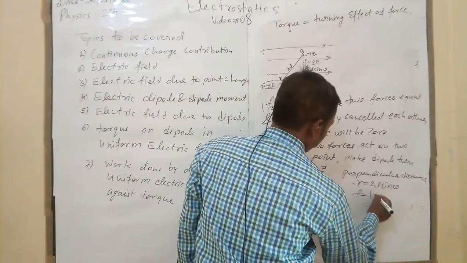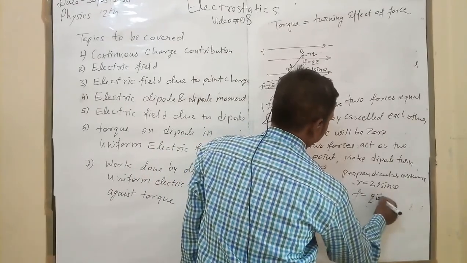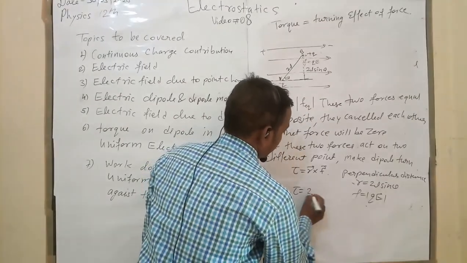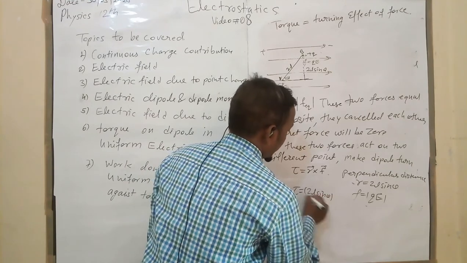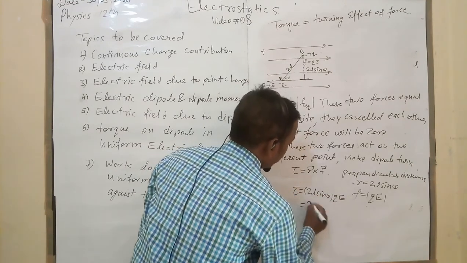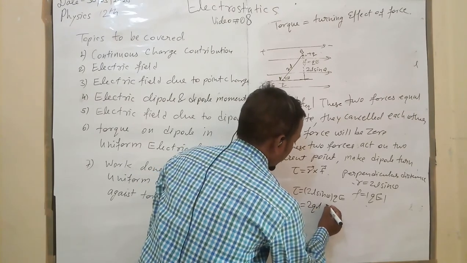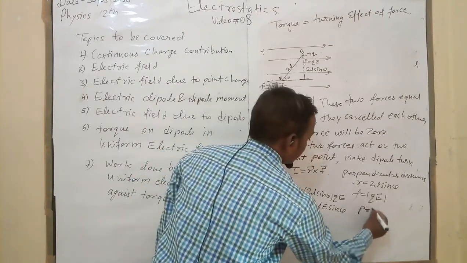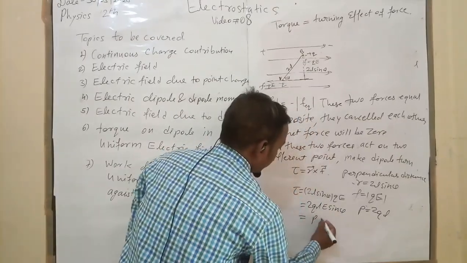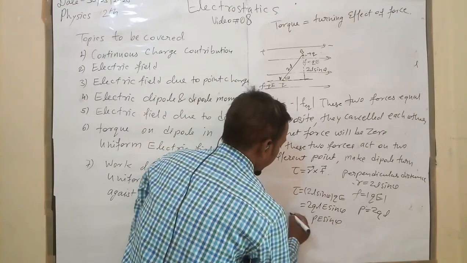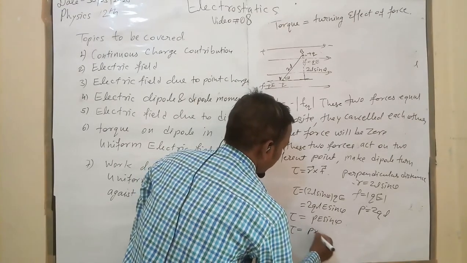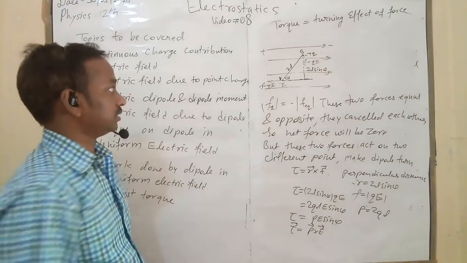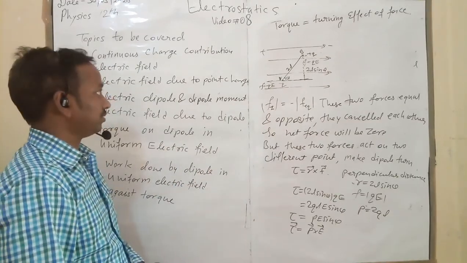Force equal to charge times E, that is qE. So put the values there: 2l sin theta into qE. So 2qlE sin theta, and we know that p equal to 2ql. So put the value here, pE sin theta, that is the final expression of the turning effect of two forces in a uniform electric field.